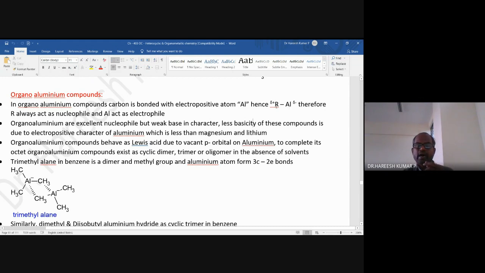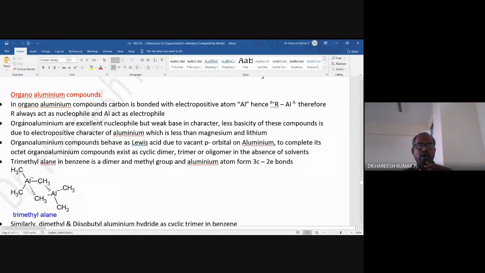So R will be positive in nature and aluminum will be negative in nature.